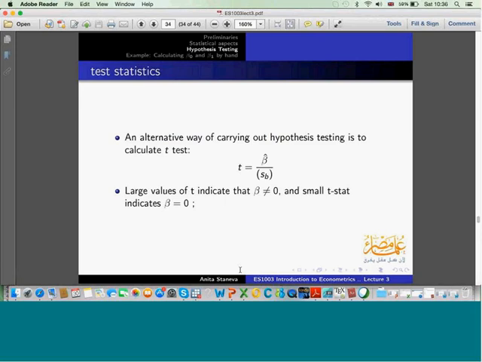As a rule, if the t-statistic is greater than 1.96 in absolute value, then we reject the hypothesis that beta is equal to 0 at the 5% significance level. But if the t-statistic is less than 1.96 in absolute value, then we accept the hypothesis that beta is equal to 0 at the 5% significance level.